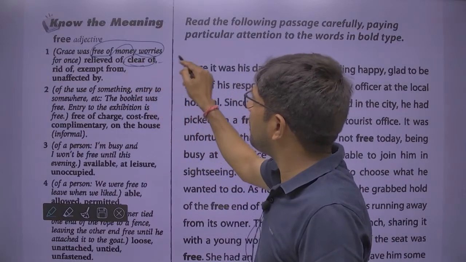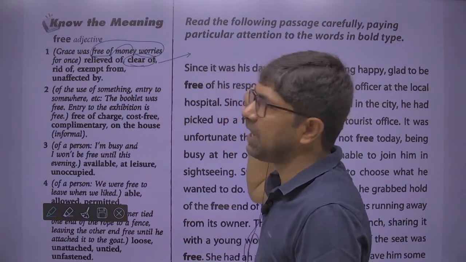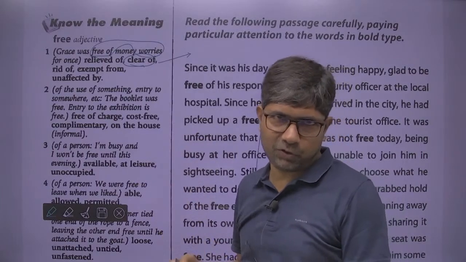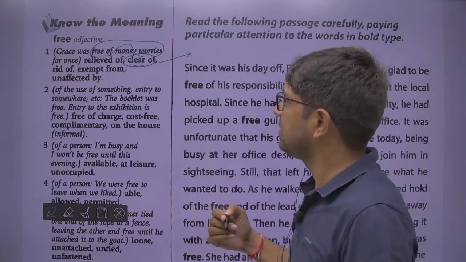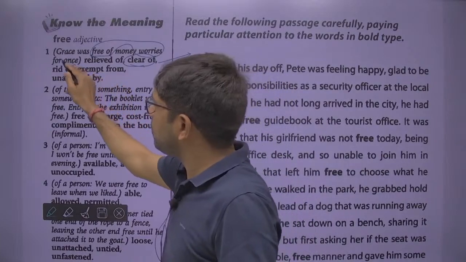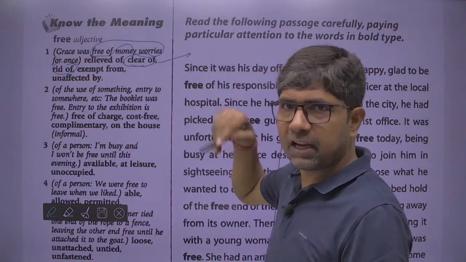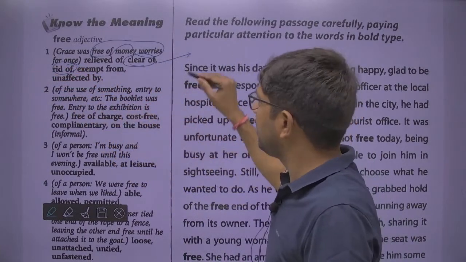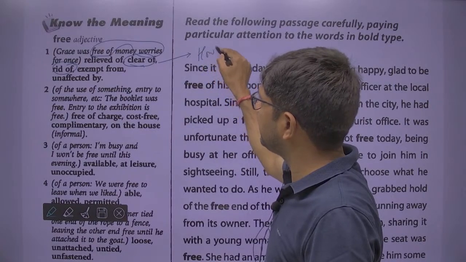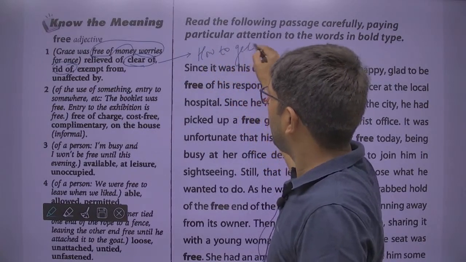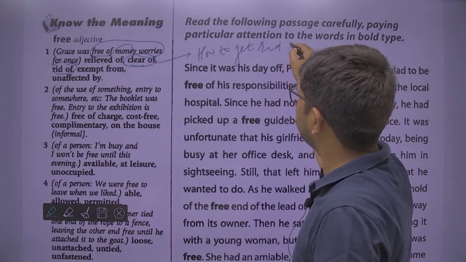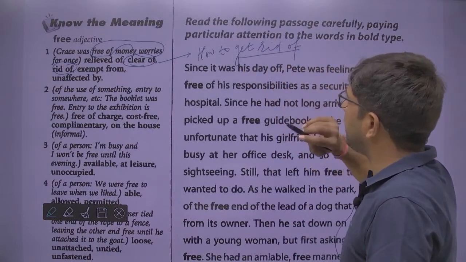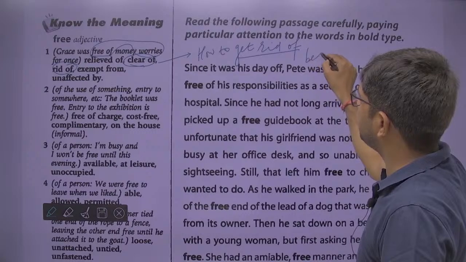If you have a problem, like suppose you have some pathological issue, you have some disease, then what do you do? You get rid of it. Get rid of means completely remove it. How to get rid of a headache? Get rid of means become free from.